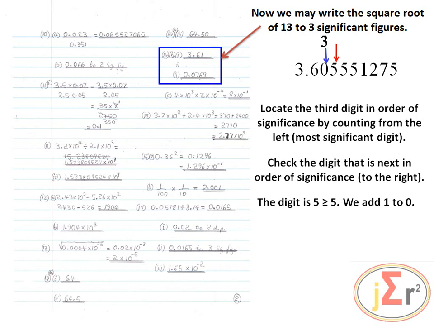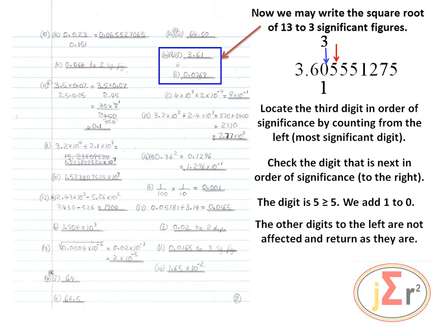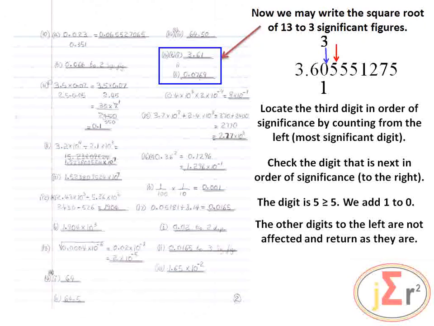So we add 1 to 0. As long as it is 5 or more, we will add 1 to the digit in question, and it is 5, so we'll add 1 to the digit in question. And what happens? The other digits to the left are not affected and return as they are.